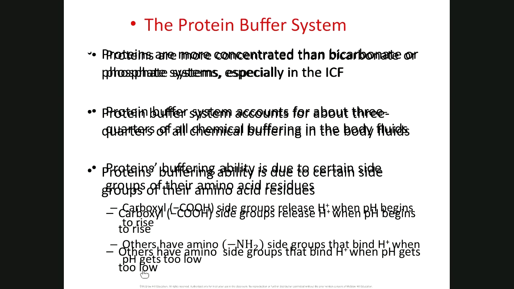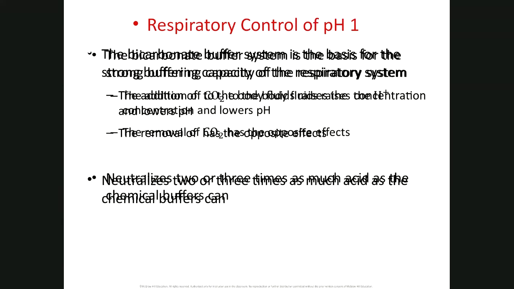It's very dangerous to be outside of this scope. That's why we try to maintain it within 7.35 to 7.45. There you go. So that's the third chemical buffer. We started with bicarb, then we had your protein buffer and your phosphate buffer.